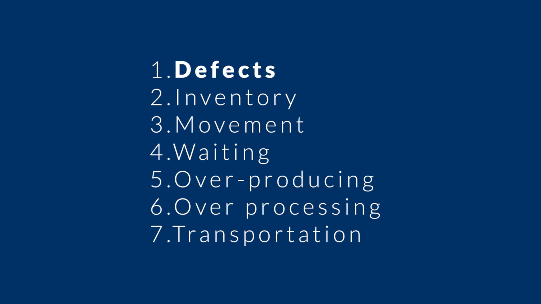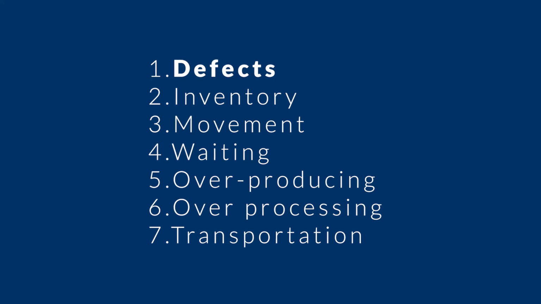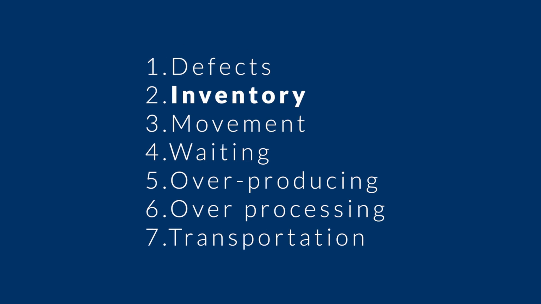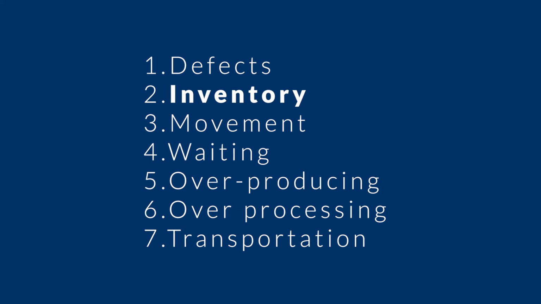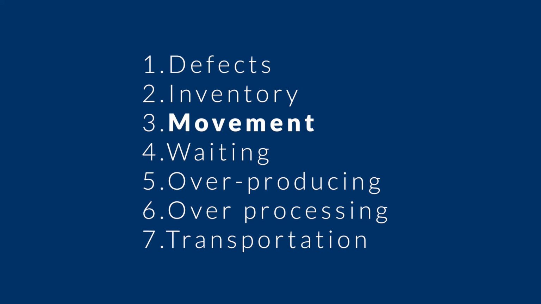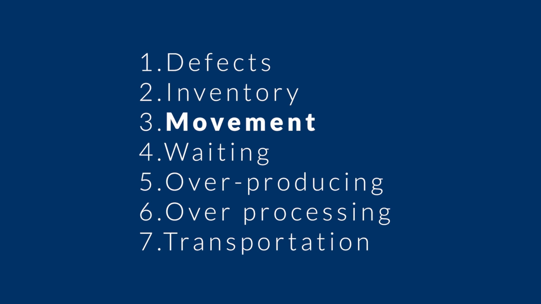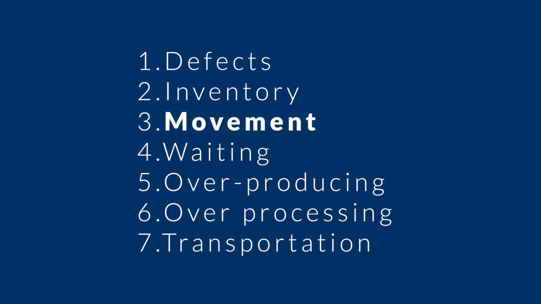In this case, we're talking about defects: there is fault and mistake that will require correcting. Inventory: basically holding too much of these will lead to increased storage cost. Movement: the kind of people's activity and movement that doesn't contribute to what is being produced.